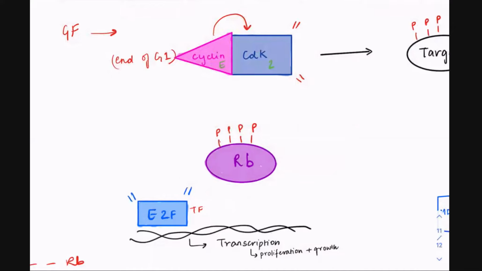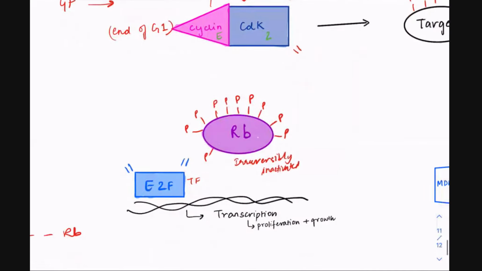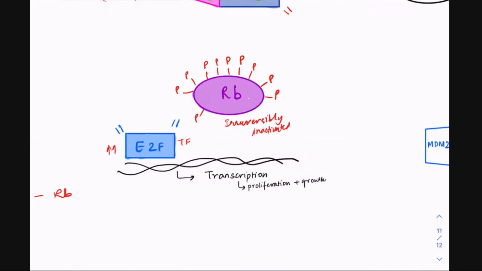However, if we hyperphosphorylate RB, it is irreversibly inactivated. What that tells you about E2F is that E2F will be constantly activated, and we've essentially lost our checkpoint, right?